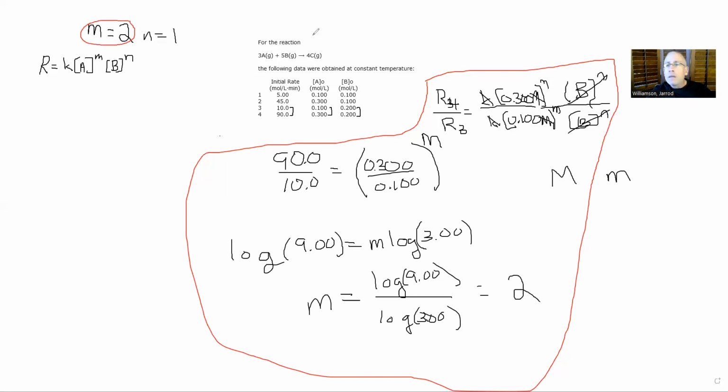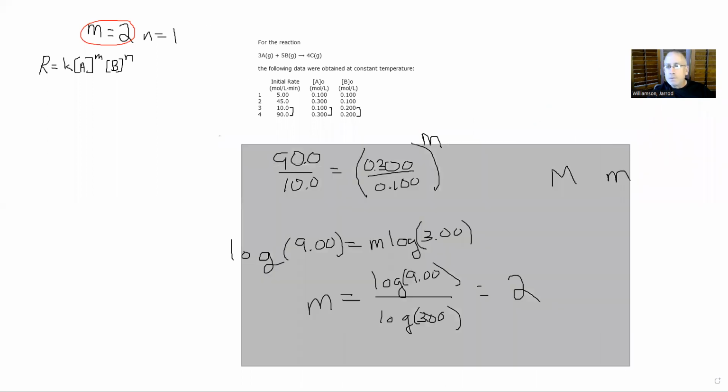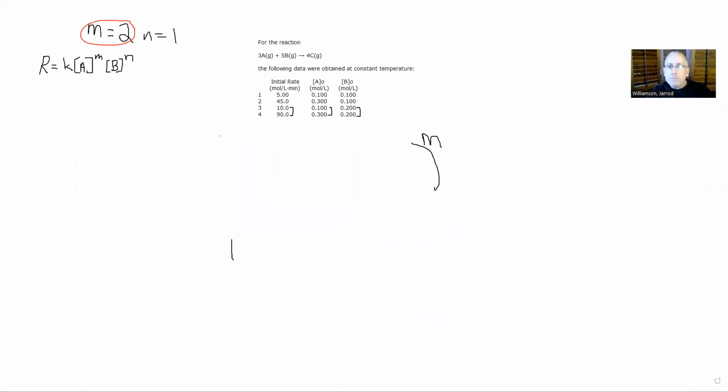All right, let's try and get here now. Let me see if I can erase this stuff faster. Boom. Boom. Right. Let's do the same thing now for getting n.